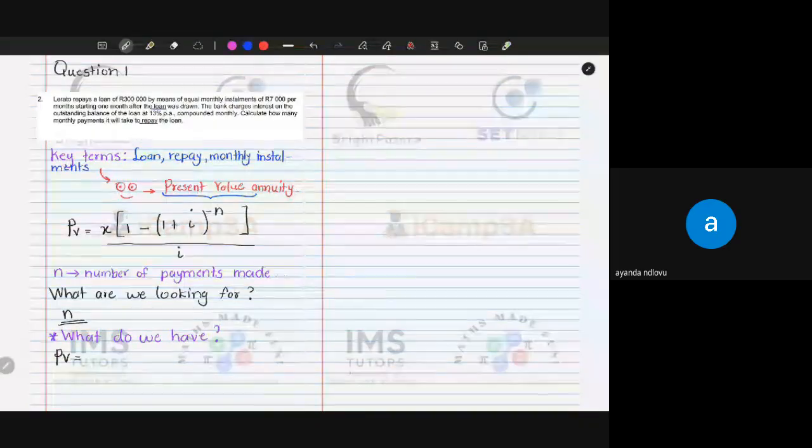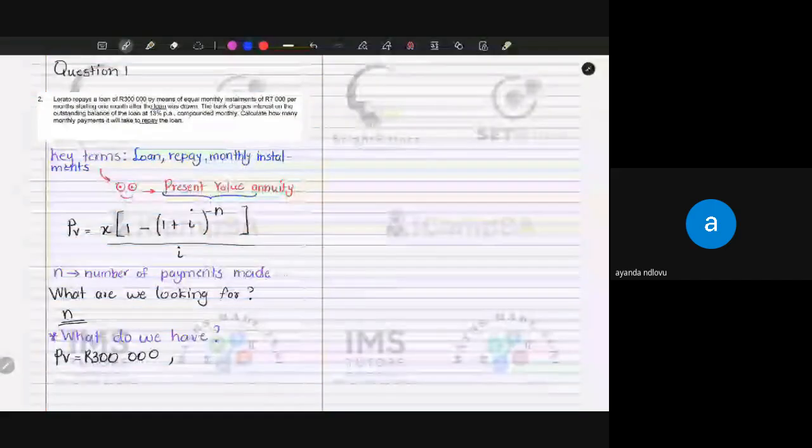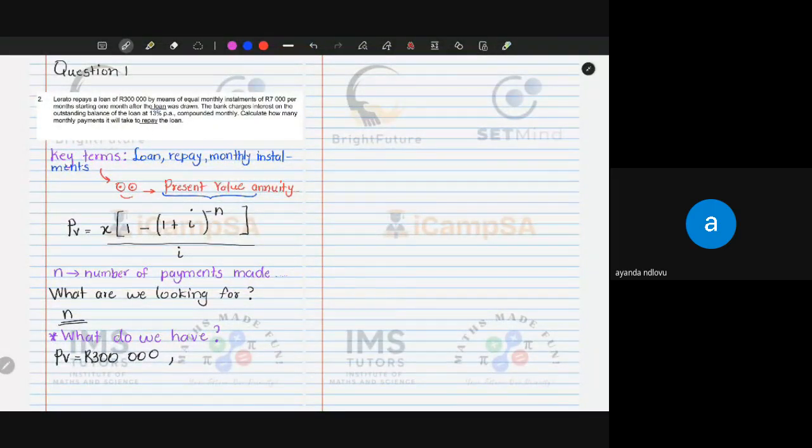So when you read this problem, you'll see that they say Lerato repays a loan of 300,000. So which means PV is 300,000. That is the amount which Lerato owes. Then if we further read, they say they pay this 300,000 by means of equal monthly installments of 7,000. This means our X is 7,000, guys.